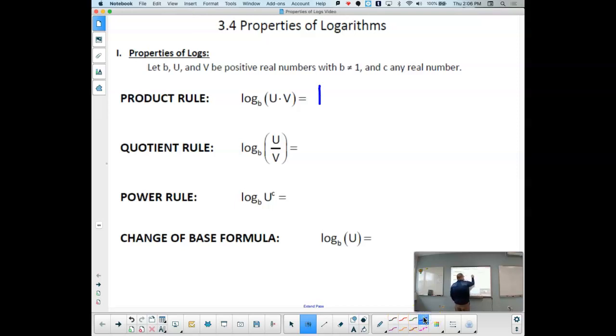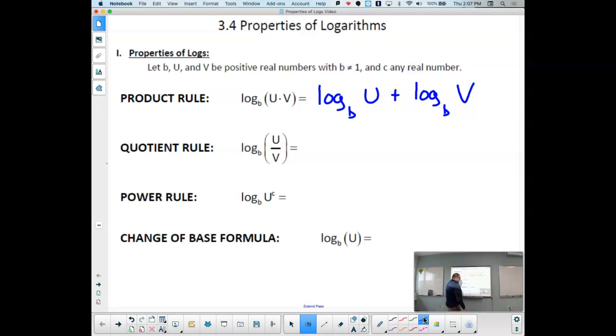So this would end up being log base b of u plus log base b of v. Or if we had three things that we were multiplying together, we would be able to break that up into the sum of three distinct logs.